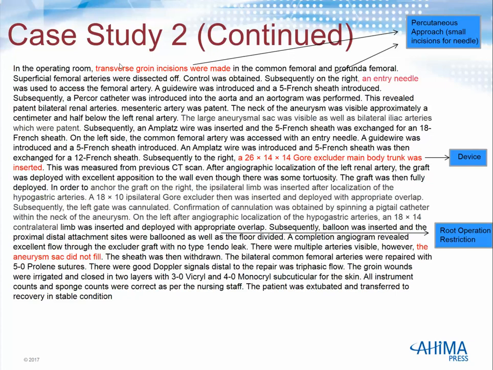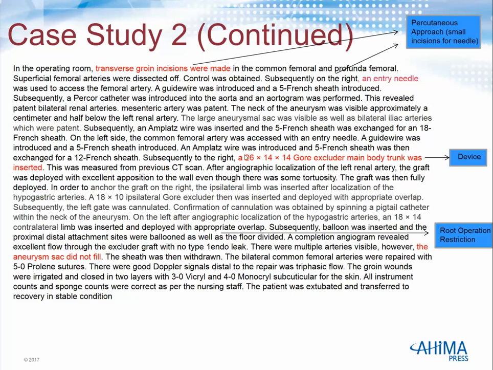The physician makes a transverse groin incision into the leg area. They use an entry needle. They use a guide wire, which was introduced in a 5 French sheath. They also then did a catheter.